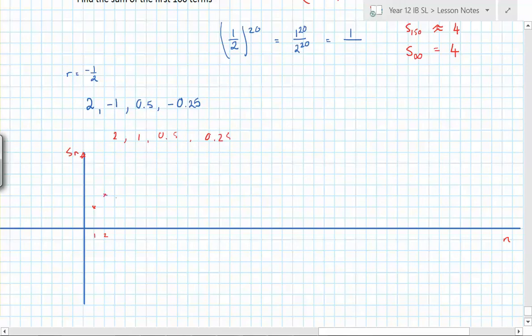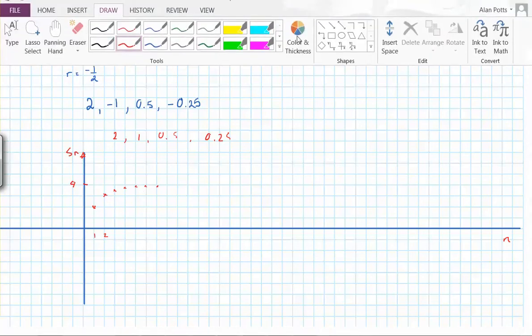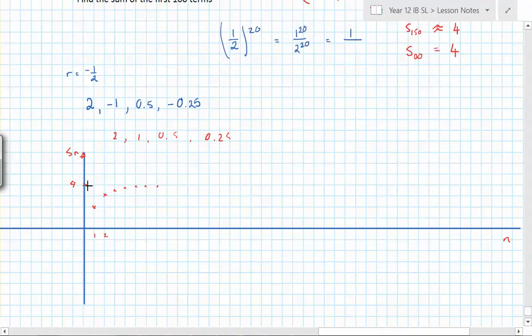So it'll be 3, and then and so on until we end up with 4. That's what we ended up with, wasn't it? This is called a what again? An asymptote. So that value would be my sum to infinity as n goes to infinity.